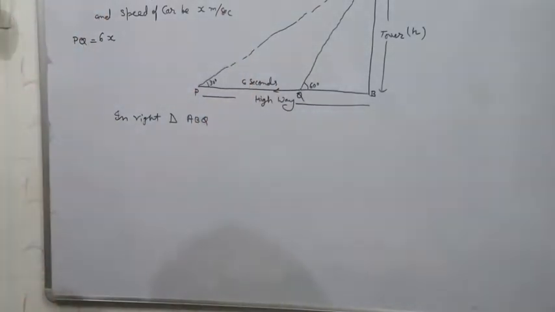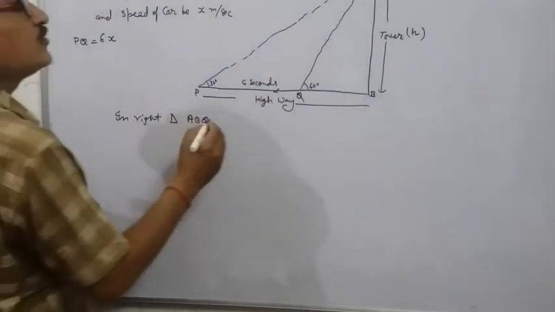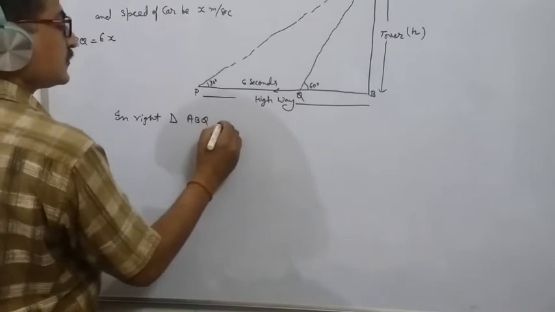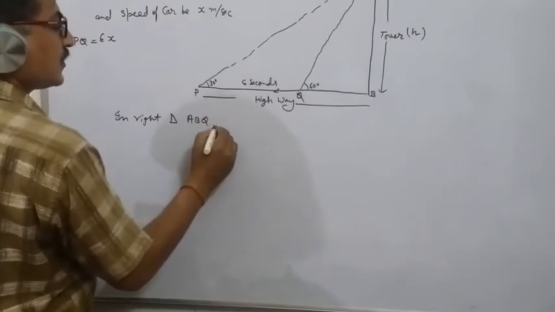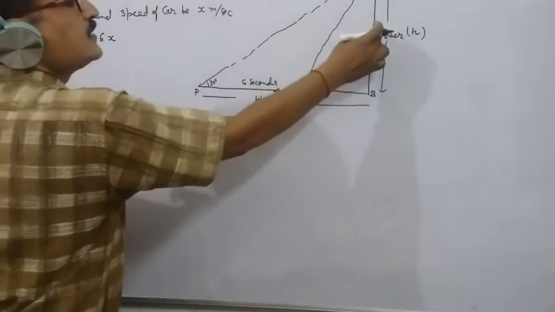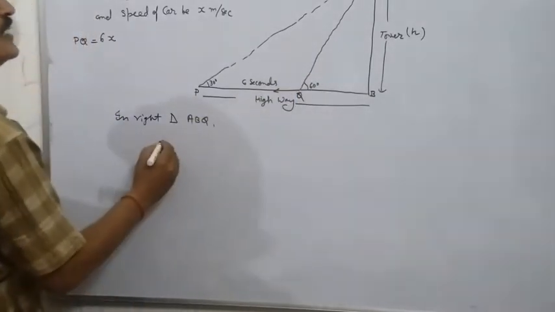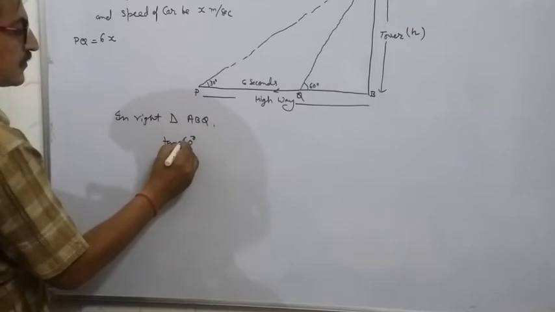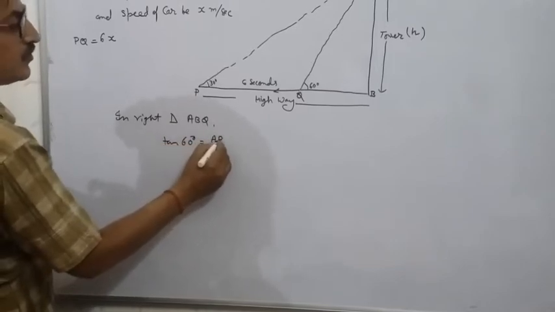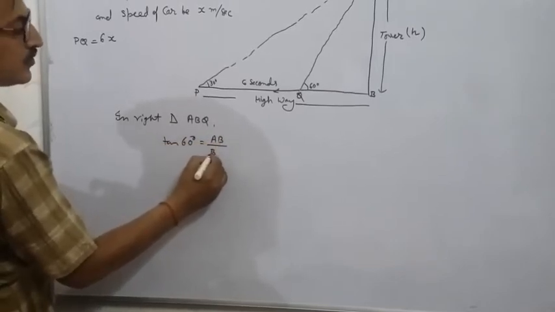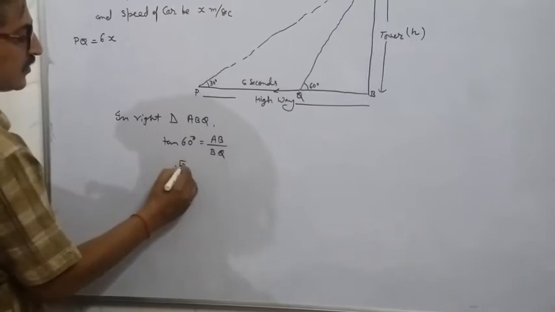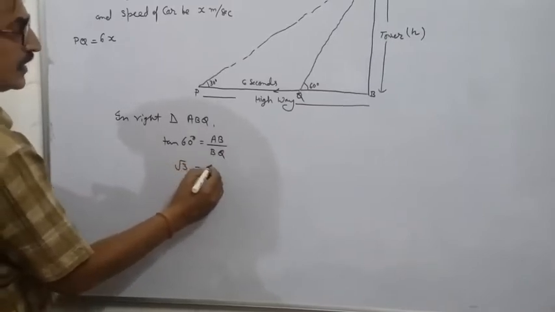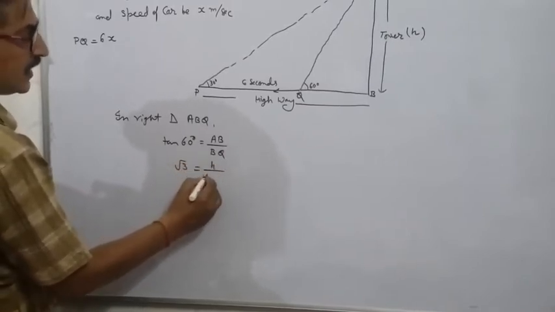In right triangle ABQ, we have to take the relation between perpendicular and base. Tan 60 degrees equals AB upon BQ. Tan 60 degrees equals root 3, and AB we have taken as H, and BQ we don't know.